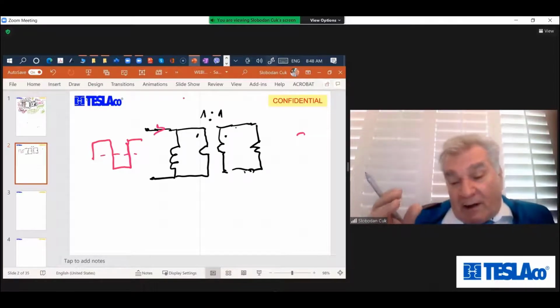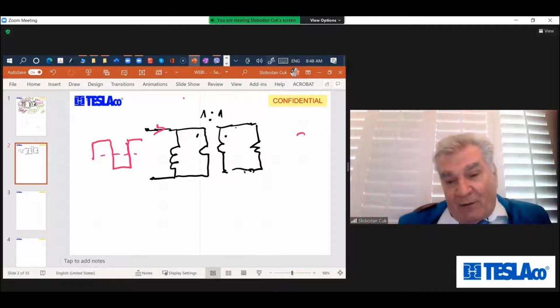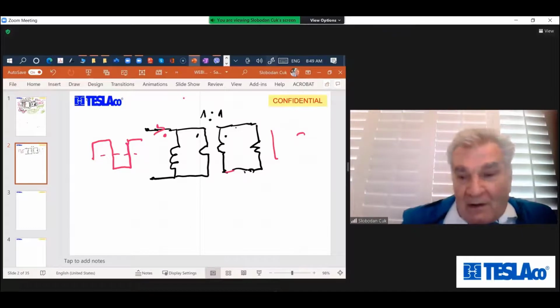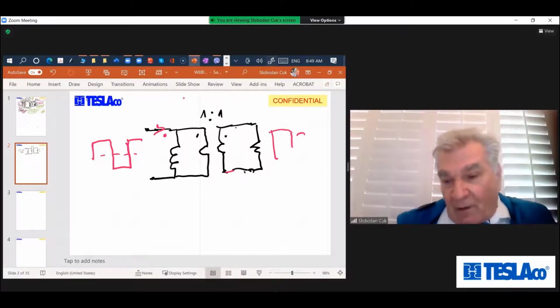Now things get simpler to understand from a standpoint of power. Square wave voltage here, would you agree, with 1:1 turns ratio, is going to create a square wave voltage here.